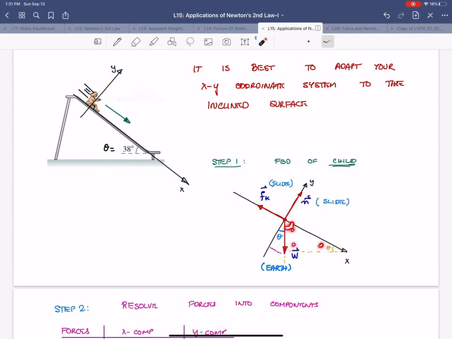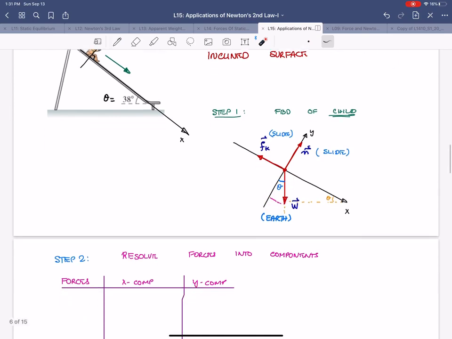So this angle is 90 minus theta, and this angle here has to be the same as the angle of the incline. So the weight makes an angle theta with the negative y-axis, as you can see in this sketch. You have to specify that angle.